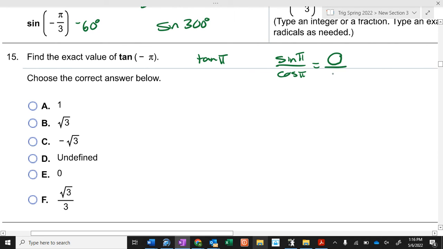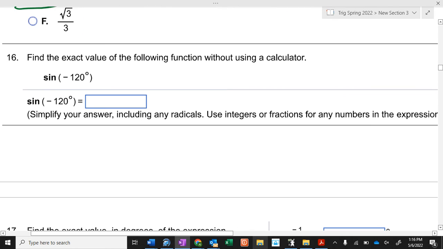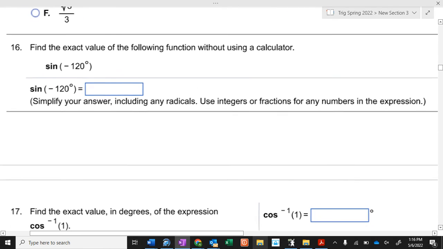Cosine of pi is 1. 0 divided by 1 is 0. Sine of negative 120. What's negative 120 the same as? The sine of 240. What's the sine of 240? Negative square root of 3 over 2.